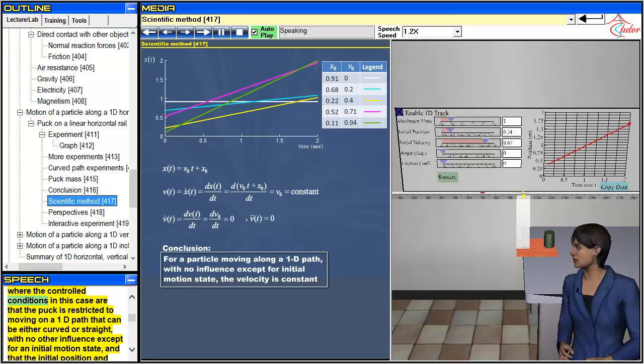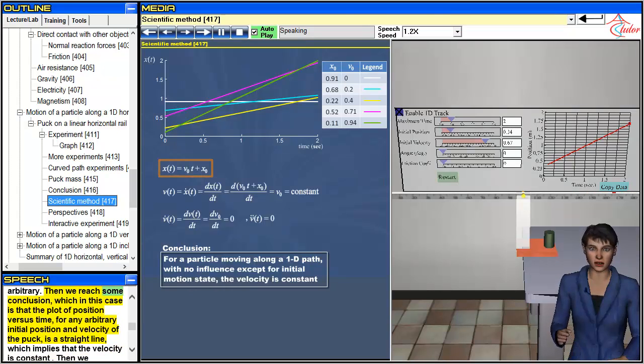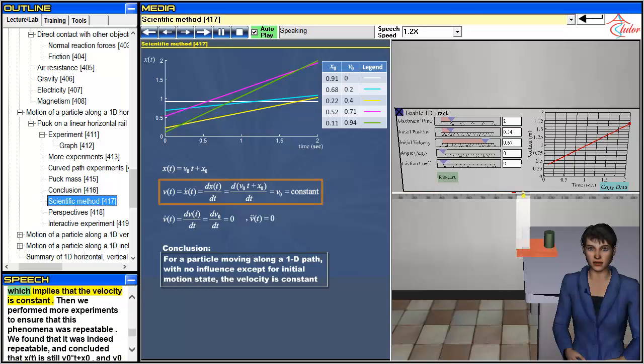The controlled conditions in this case are that the puck is restricted to moving on a 1D path that can be either curved or straight, with no other influence except for an initial motion state, and that the initial position and velocity of the puck are arbitrary. Then we reach some conclusion, which in this case is that the plot of position versus time, for any arbitrary initial position and velocity of the puck, is a straight line, which implies that the velocity is constant.